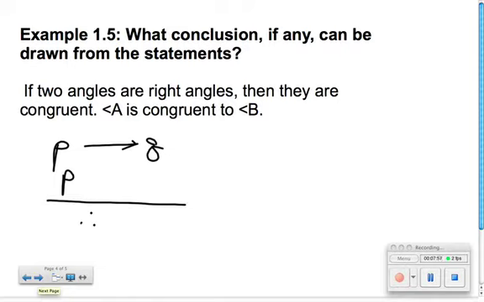Then I can conclude that the then part is true. Look at these statements again. If two angles are right angles, then they are congruent. In that second sentence, angle A is congruent to angle B. Am I given the if part of the first sentence, or am I given the then part of that first sentence? I'm given the then part.